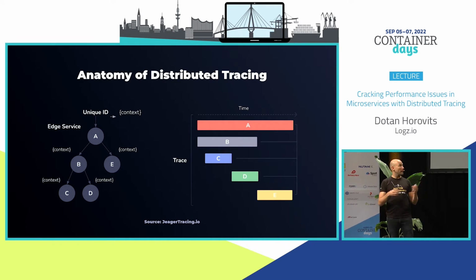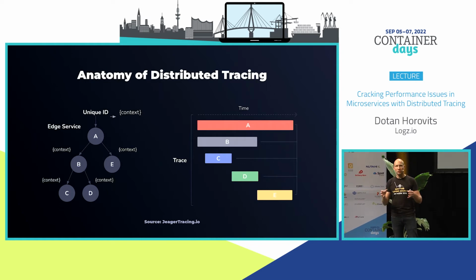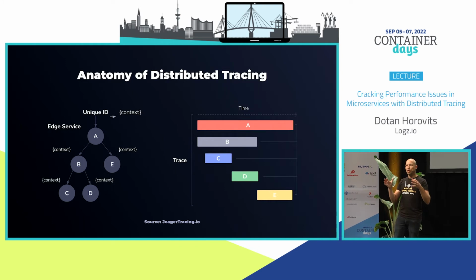The A here on the graph is the root span, the one that actually received the original request that started this trace. And as I mentioned, there is something called context that flows through the trace, and each span carries it on and moves it over to the next span over thread boundaries, process boundaries, service boundaries.